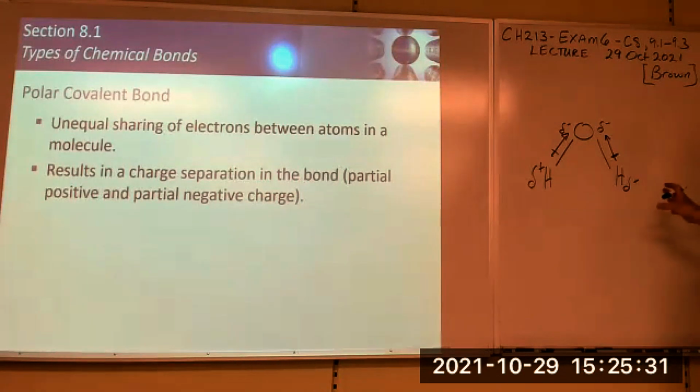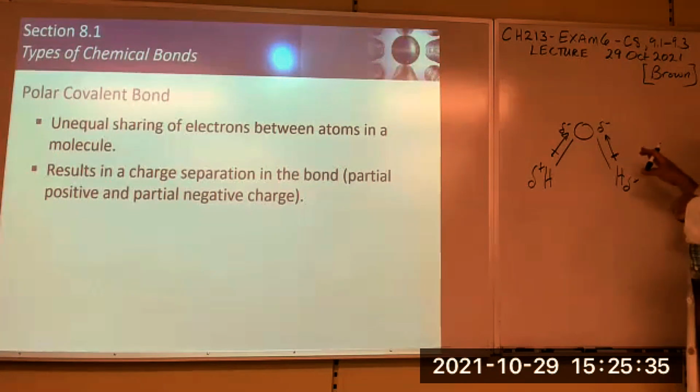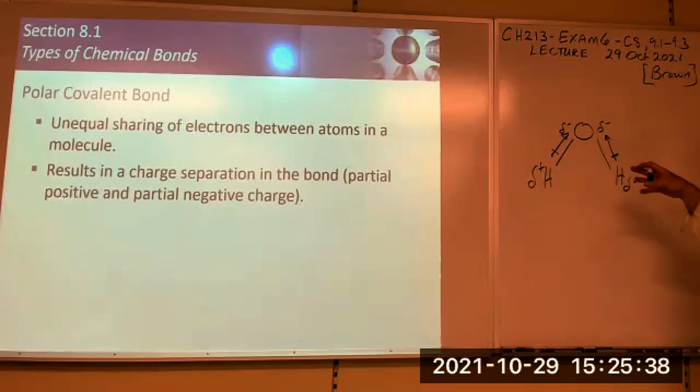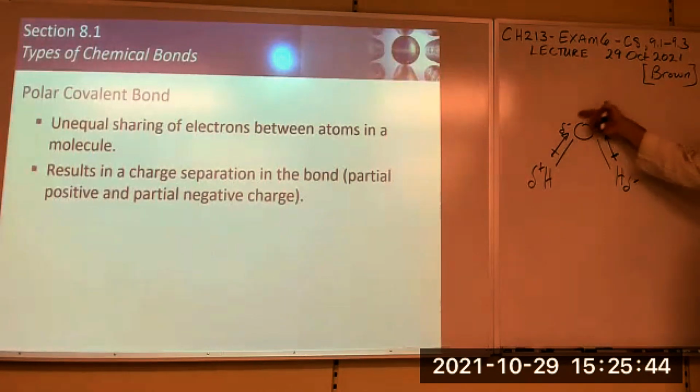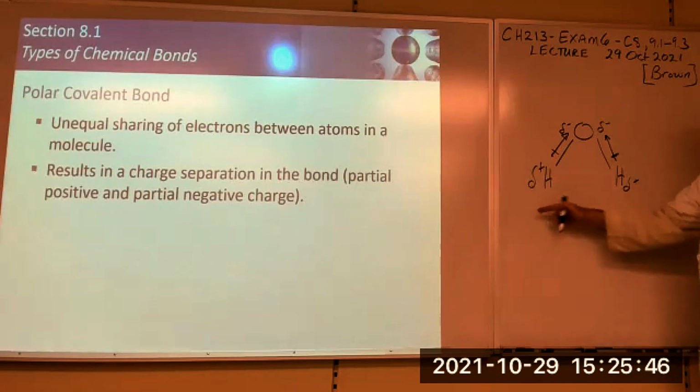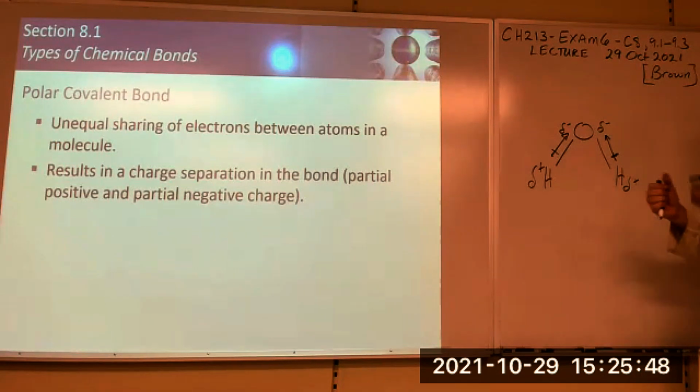What polar bonds do is they allow these molecules of water to interact with stronger forces between the molecules, because this negative side will line up with the positive sides on its neighbors, and there'll be a strong attraction. And you can see that evidence in the boiling point of water.